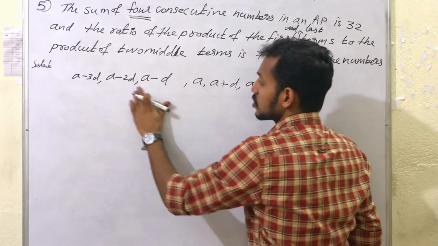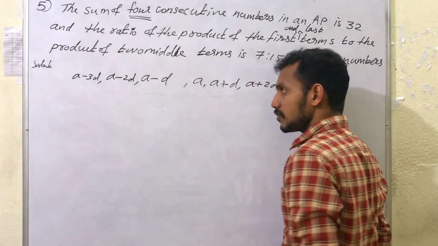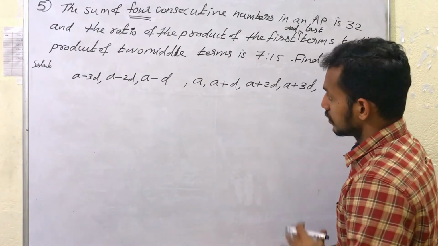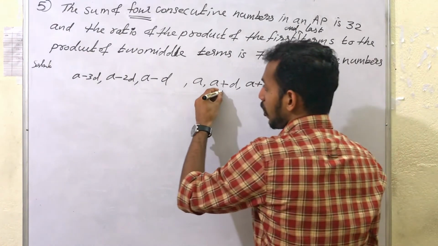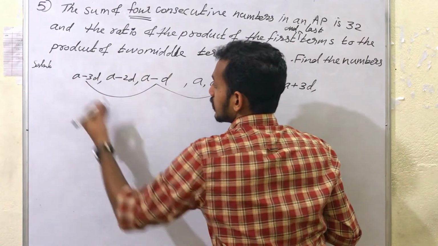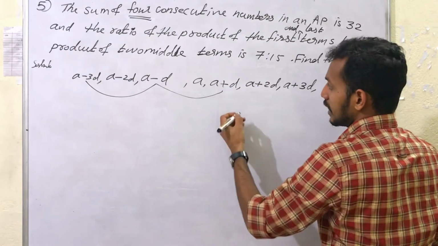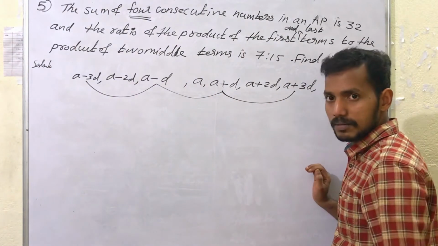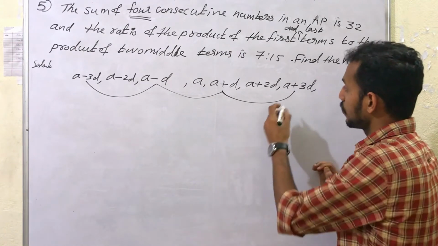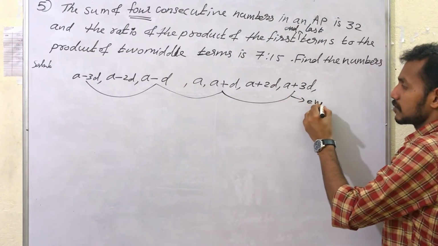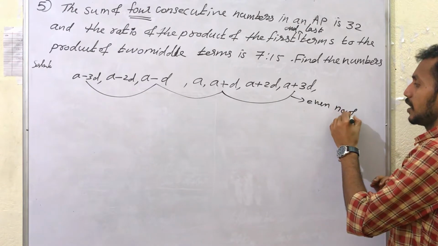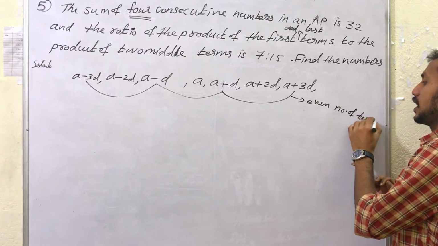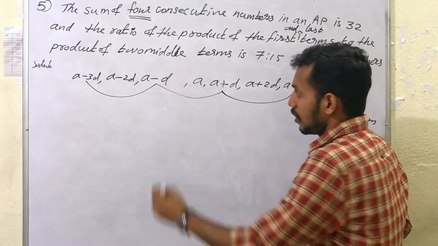So in case of even number of consecutive numbers, you can take the alternate terms written here as the consecutive numbers. Okay, in case of even number of terms, if the question is asking about even number of terms.